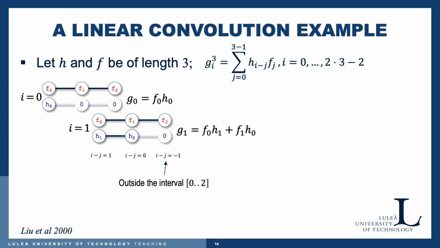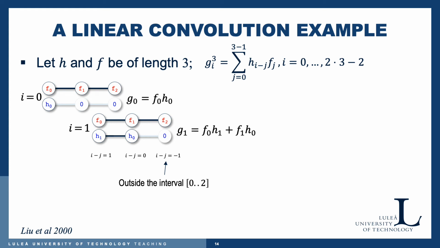Then if we increase i, for the first summation index node j equals 0, we have 1 minus 0, and that's 1, so we multiply f0 with h1. Now second summation index 1, then we have 1 minus 1 is 0, and we multiply f1 with h0, and that is also contributing to the value of g at this point.